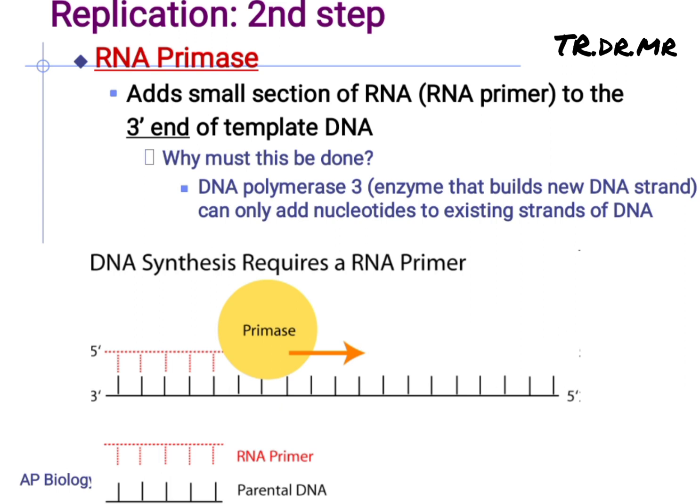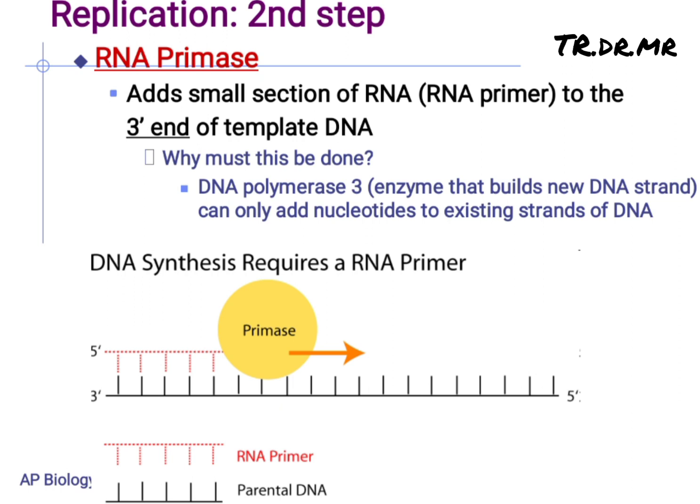The first enzyme that we usually use when it comes to adding new DNA nucleotides to form the new strand of DNA. As we read this strand from the 3' to 5' direction, we are going to synthesize the new strand in the 5' to 3' direction. That is how DNA polymerase 3 synthesizes.